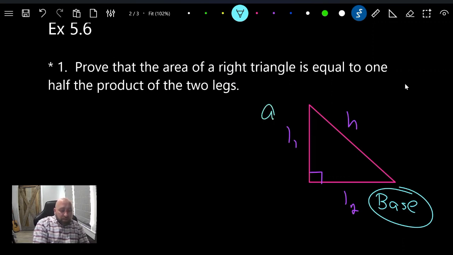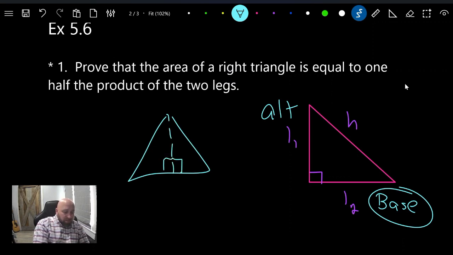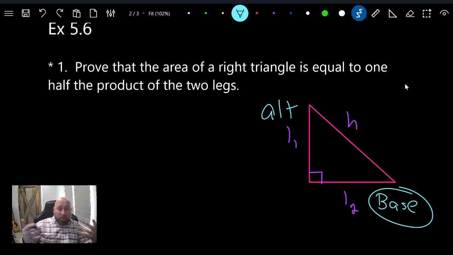Why is this an altitude? Because it is a 90-degree angle. It is straight up. If we were doing a regular triangle, we would have to draw an altitude like this, which gives us our right angles. So altitudes are based on 90-degree angles. So immediately in a right triangle, we have our altitude and we have our base. Altitude and base, they're already set up.